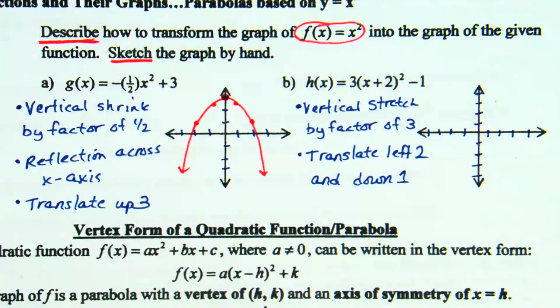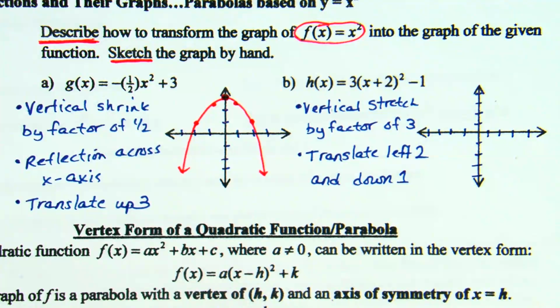Okay, here's the deal, guys. With these transformations, the easiest way for me to do this is to think about your stretch and then move your vertex. When we do that stretch of 3, what's that going to mean this time?